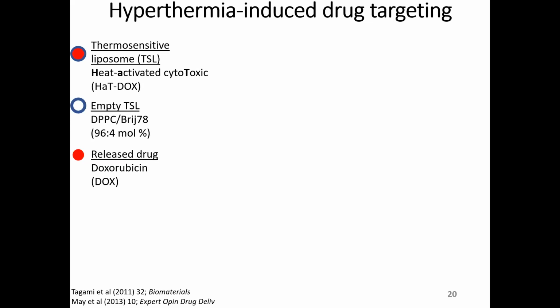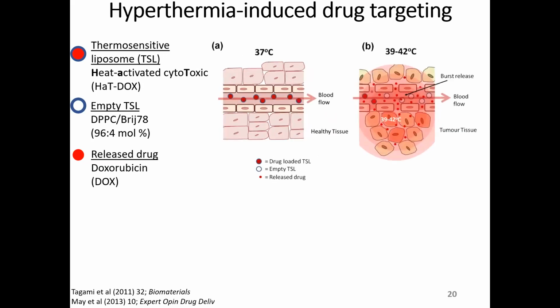Perhaps the name is self-explanatory, but the idea is this. At 37 degrees, or normal physiological temperature, the injection of this drug within the tumor vasculature as well as the surrounding healthy tissue will not cause the drug to be released, thereby reducing the systemic cytotoxicity of the drug.